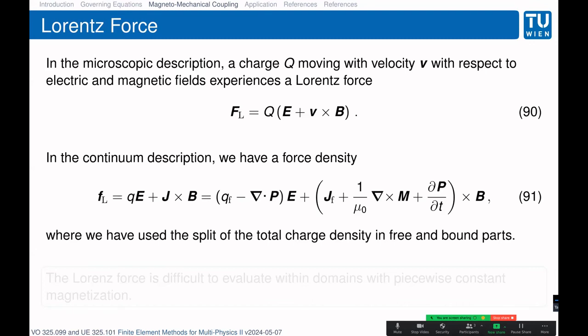One, for example, is magnetizations. So a permanent magnet will experience a force density. If you have currents in a wire that are known, or eddy currents, you will have the classical Lorentz force J x B, and also polarization currents can lead to force densities.